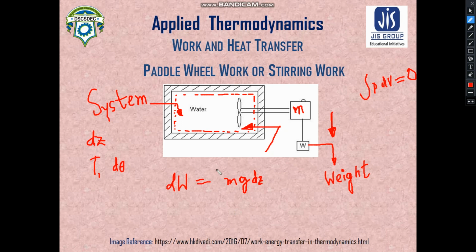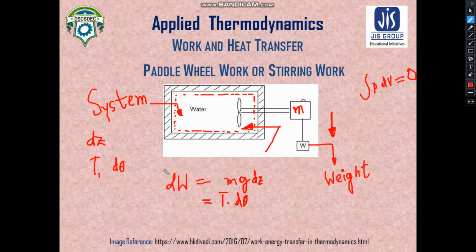So this is the change in potential energy, which in turn generates this work, and this can also be written as T d theta. So this dW can be written as mg dz, as well as it can be written as T d theta, because of the torque T and the angle of transmission d theta. Obviously, you can say that this dW will be equal to T d theta.